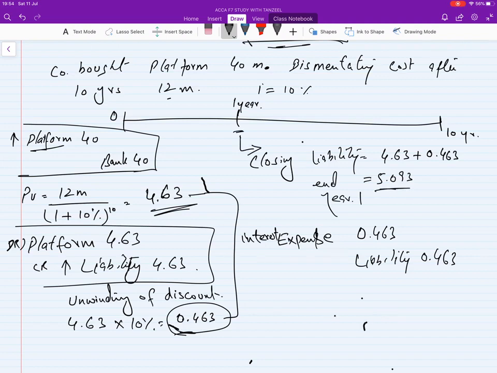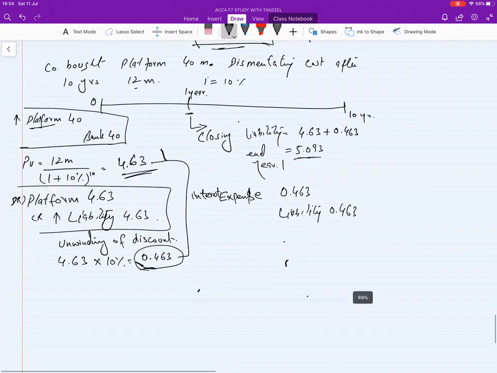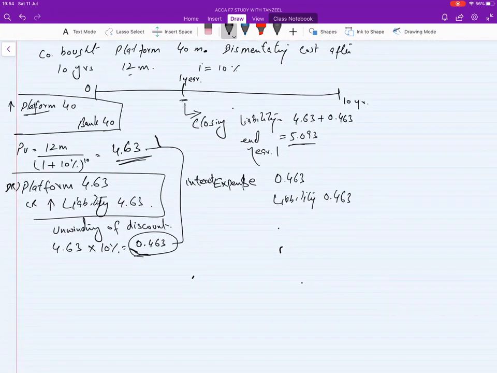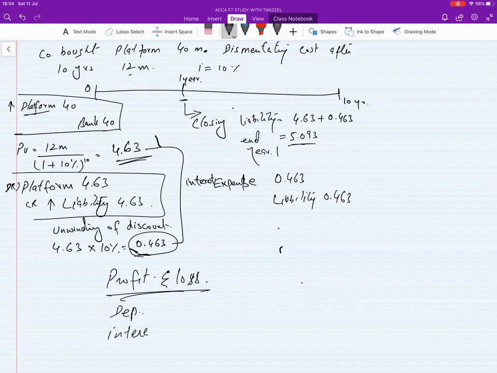Let's make the financial extracts. Let's take profit and loss. We will add depreciation and interest expense. Interest expense is 0.463.